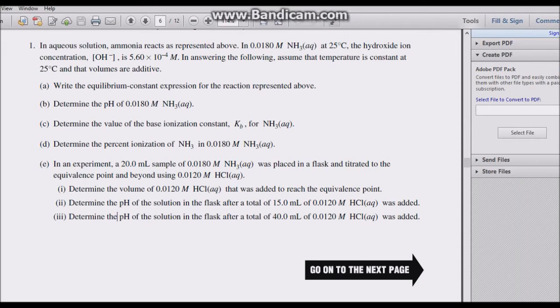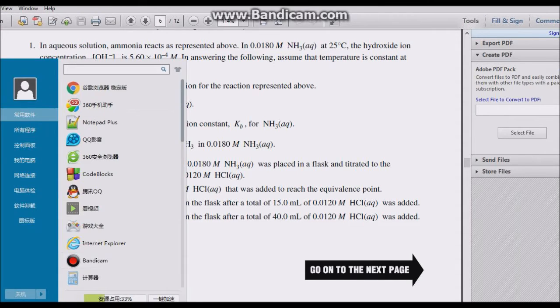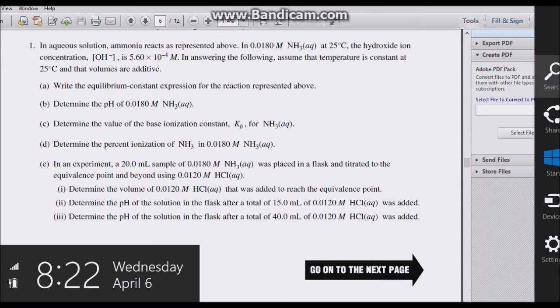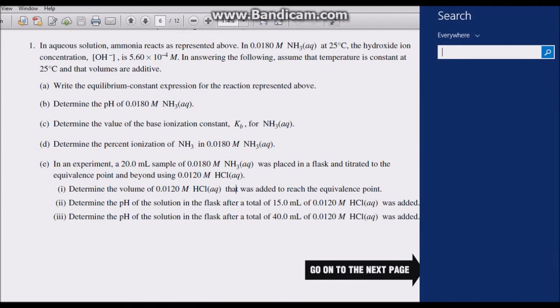So in part E, in an experiment a 20.0 milliliter, which is 0.020 liter, sample of 0.0180 molar NH3 is placed in a flask and titrated to equivalence point and beyond using the 0.0120 molar HCl.